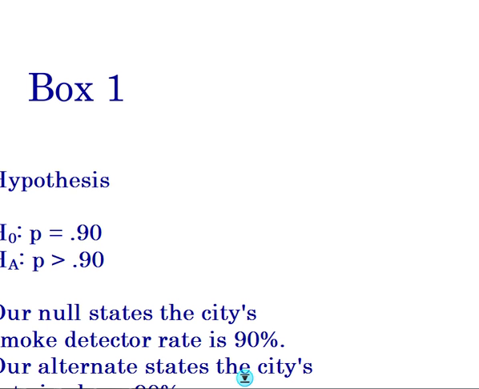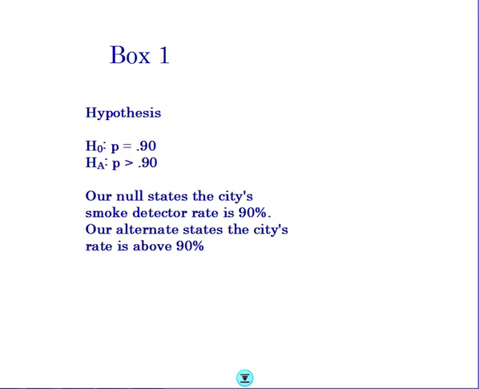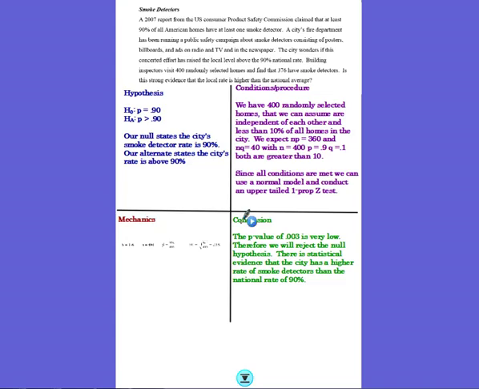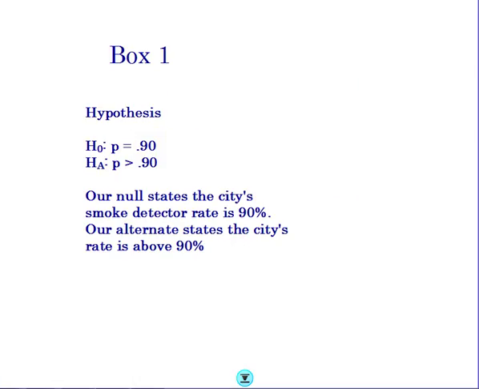So, box 1 is the hypothesis. So what the problem was initially asking us, let me go back out here. In our little 4-box method, when we make our little cross, box 1 is going to be the hypothesis. So what was the problem asking? The problem was asking, were these ads effective in getting our one city's smoke detector rate above the national average of 90%.